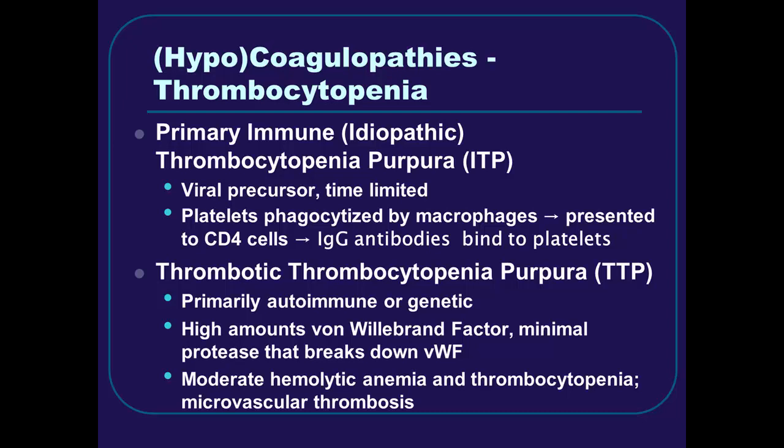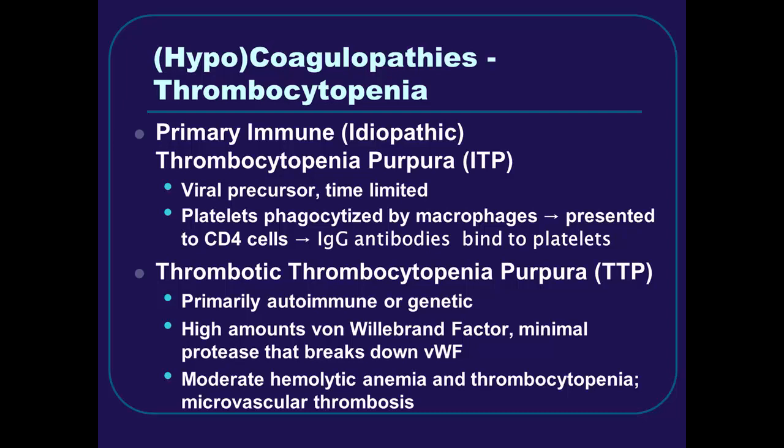So ITP is idiopathic, but it's frequently preceded by a viral syndrome and is also time limited, and that supports the idea of an idiopathic disorder. So let's go through these steps. What you'll see in ITP is you have platelets, but those platelets are being phagocytized by the macrophages.